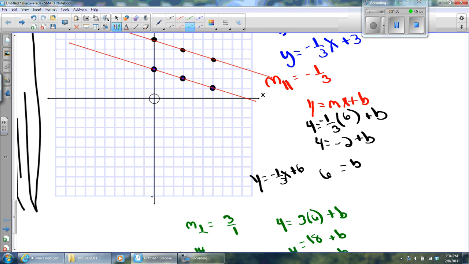This one's not going to fit on the graph so well, but I can guesstimate. 1, 2, 3, 4, something like that. And my slope is 3 over 1, so I'm going to go up 3 and over 1.